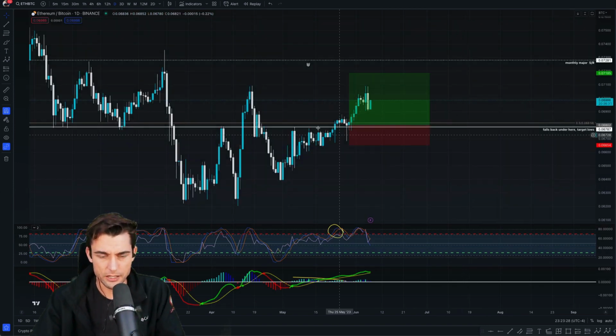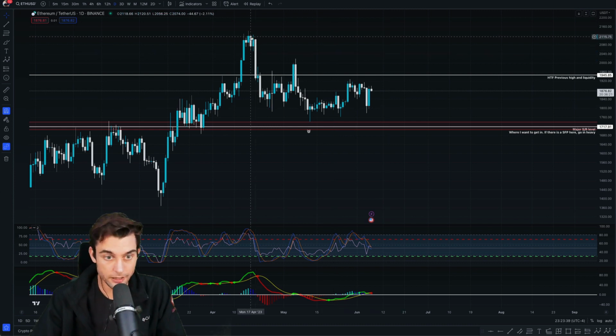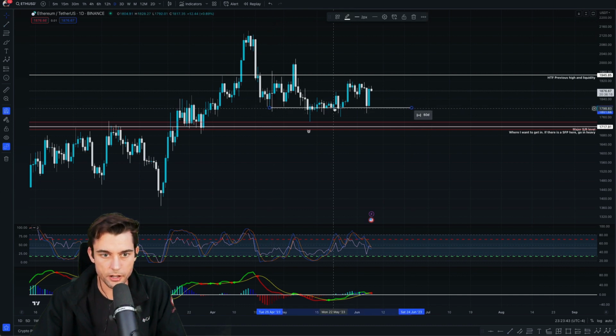Looking at ETH/BTC, I mean, I don't know, I'll look at this later. But yeah, let's go to the daily time frame on Ethereum. So on the daily time frame, what do we have? We have this huge area of liquidity that just kept on getting soaked up. Buyers kept on buying down in this area.